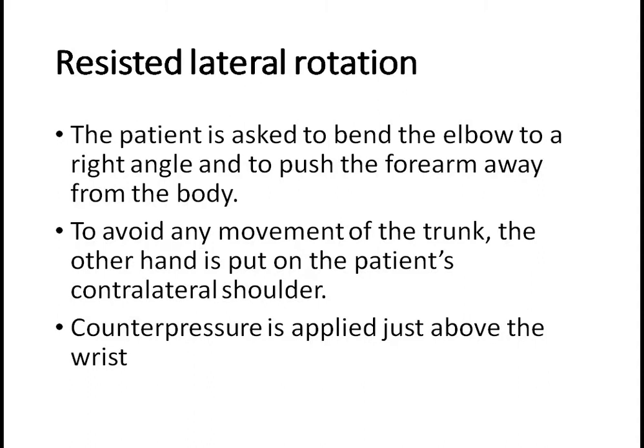When the patient laterally rotates the shoulder joint, she will move the forearm away from the body. At the same time, the therapist will apply counter pressure just above the wrist to give resistance to that movement.